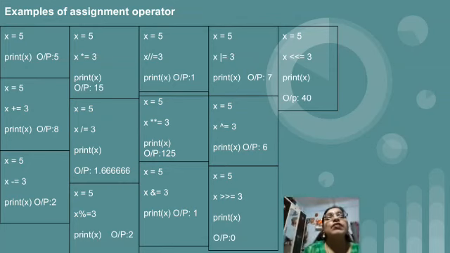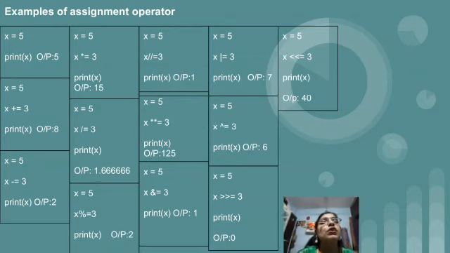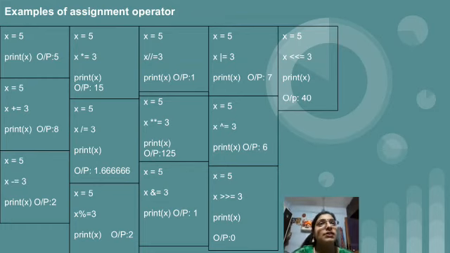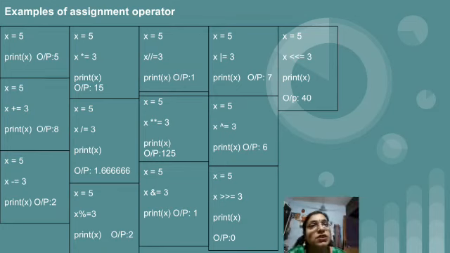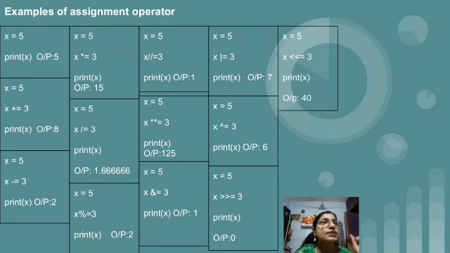After that we have floor division, so the answer is 1.666 and it takes the number 1 as the result. After that we have exponentiation, so 5 raised to 3 is 5 into 5 into 5, that is 25, 25 into 5, 125.